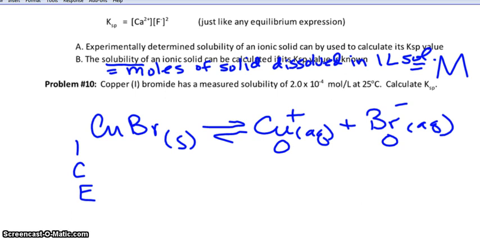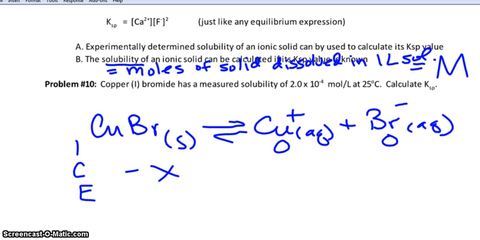Okay, so now what? Well, what is solubility? That is your X. Your X is solubility. Please know that. So how many moles in 1 liter does the copper bromide dissolve? Well, X. That's how many moles of copper bromide will dissolve in 1 liter of solution.